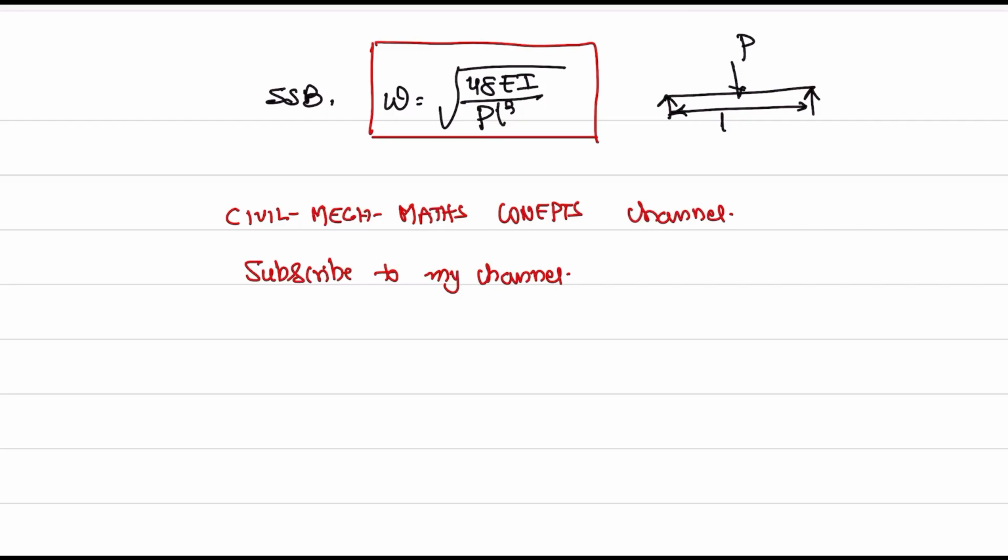Going ahead in the subject in the next class, because we have done the cantilever beam and also the simply supported beam natural vibrations, we will go for exactly how to find this natural frequency. And already we know omega is equal to 2 pi f.